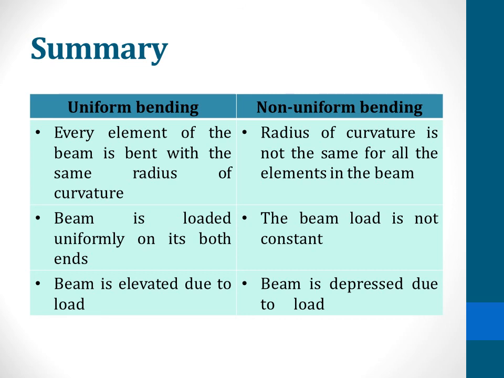Also, for uniform bending, the beam is uniformly loaded on either ends of the beam, whereas in the case of non-uniform bending, the beam load is not a constant. For the case of uniform bending, the beam is elevated due to the load, and in the case of non-uniform bending, the beam is depressed due to the load.